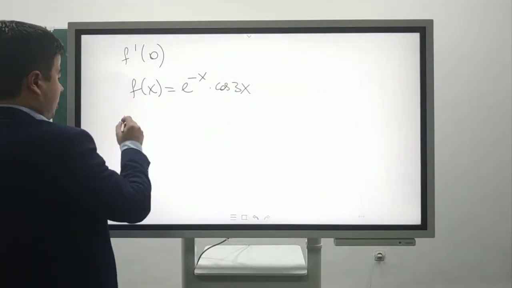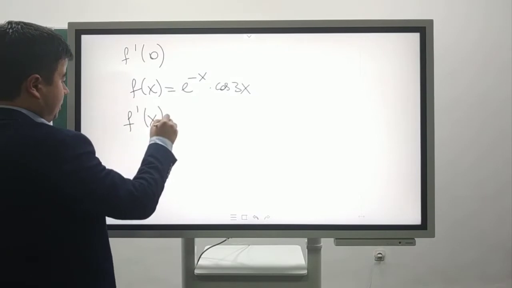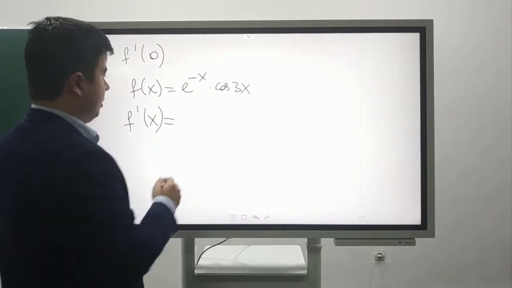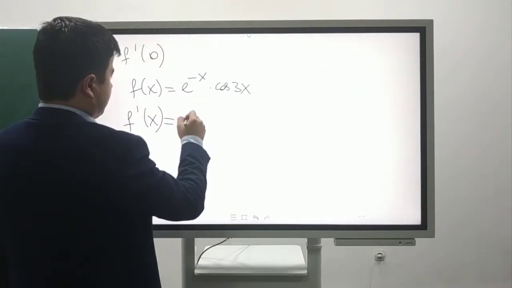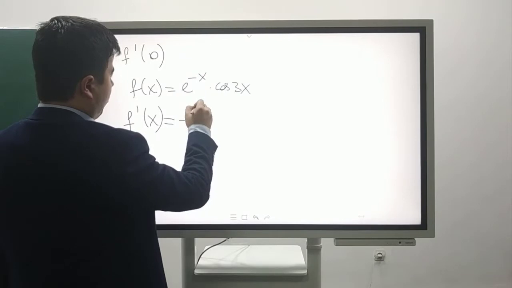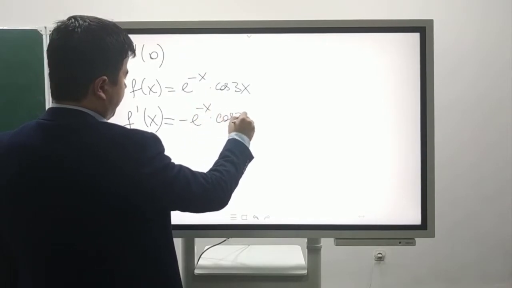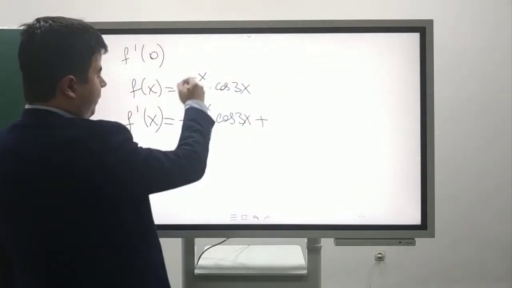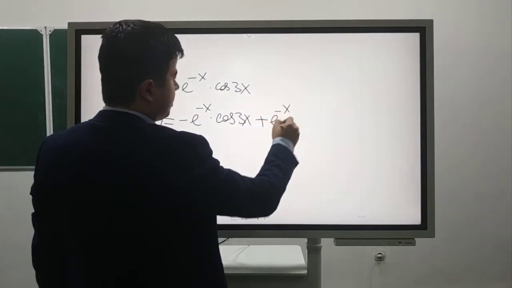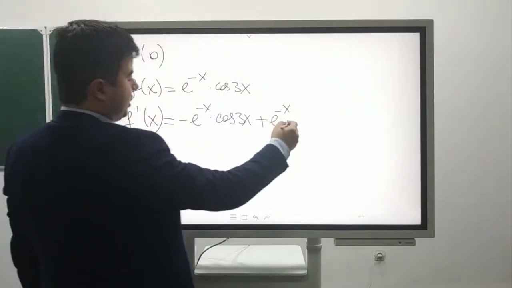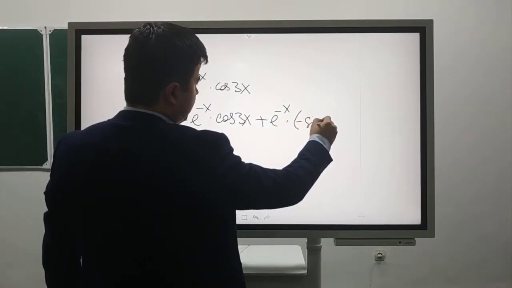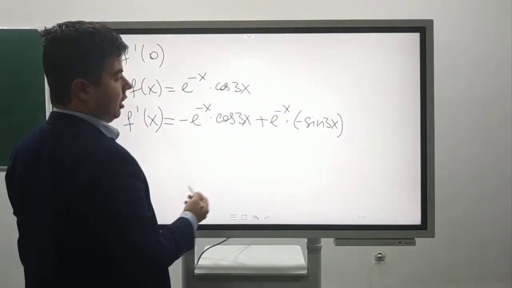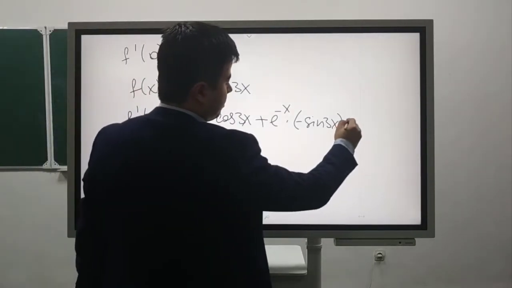So f prime of x is the derivative of the multiplication of two functions. So minus e to the power of minus x times cosine 3x, correct? And plus the first function e to the power of minus x times the derivative of the second function, it is minus sine 3x, and here we have a composite function, and the derivative of 3x is just 3.